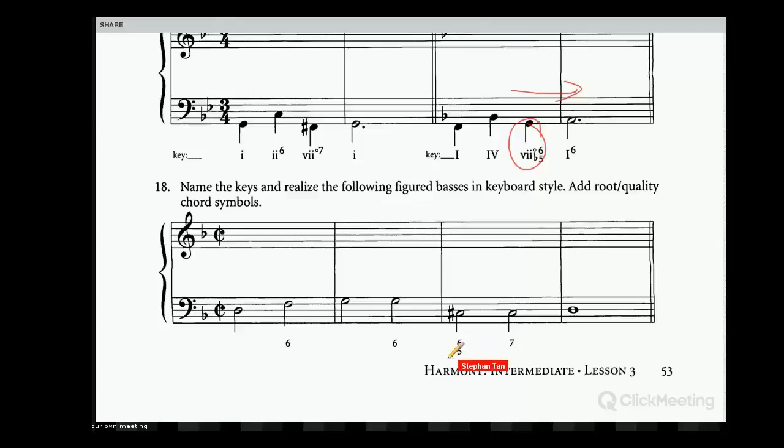Really, really important. Here I've got a dominant seventh chord that's turning into a diminished seventh chord, so remember that. All right? From here to here, you've got to recognize it, right? Take a look at that chord, write down the chord symbols if need be. Recognize when you have a diminished seventh chord. Even in keyboard style, follow the numbers.